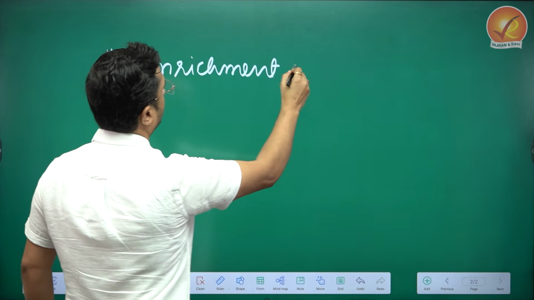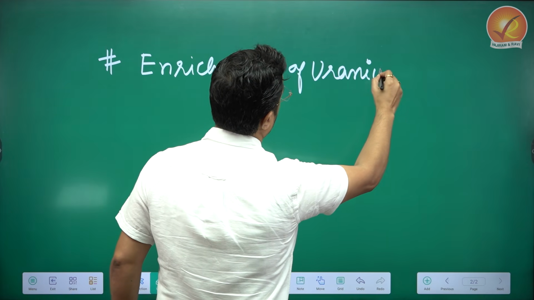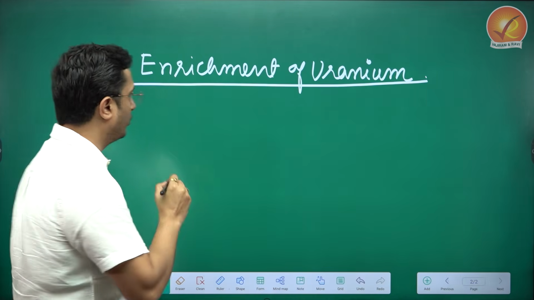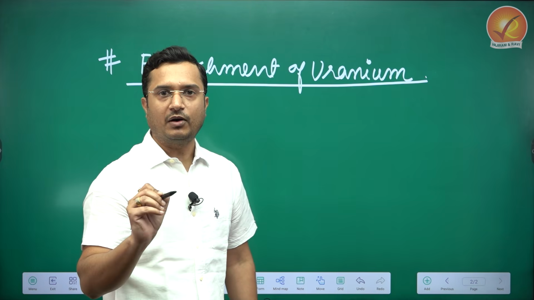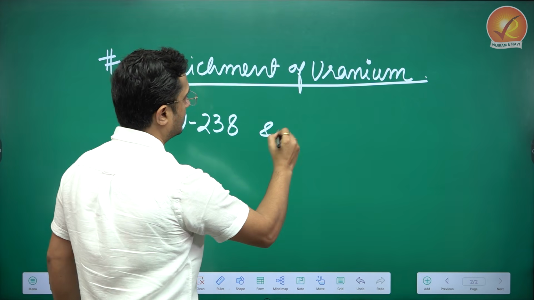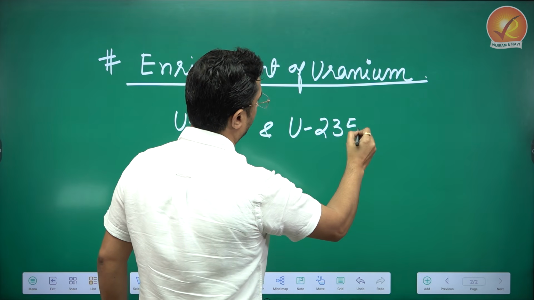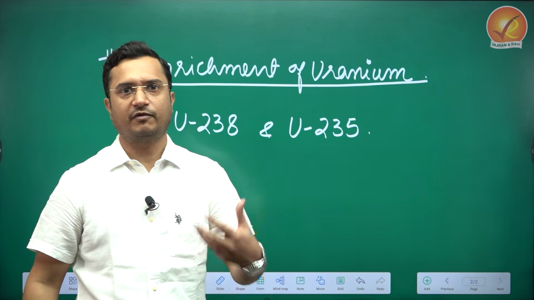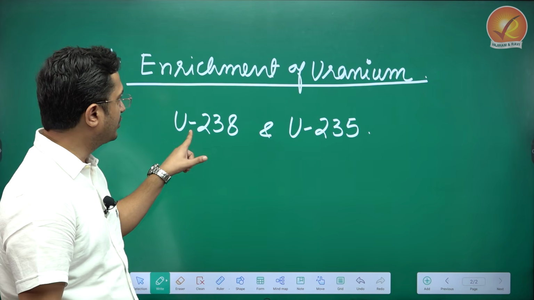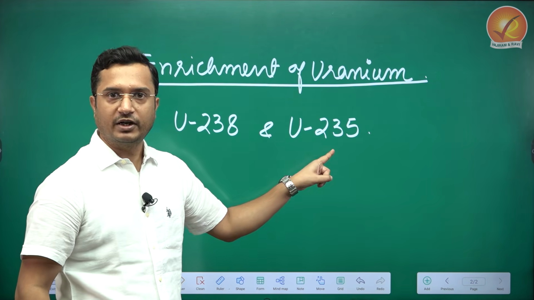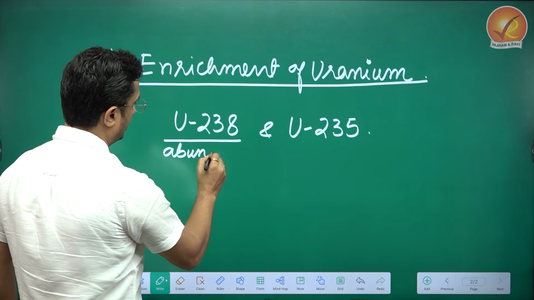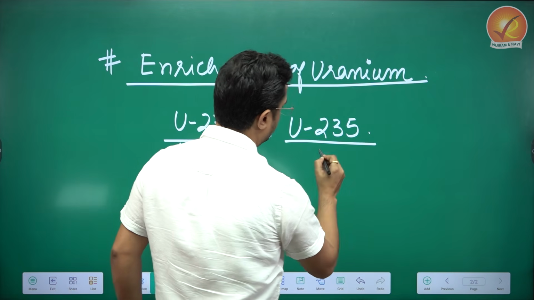Natural uranium, which we extract from the earth's crust, is always found as a mix of two isotopes, uranium-238 and uranium-238 and uranium-235, in which uranium-238 is the abundant isotope and uranium-235 is the scarce isotope.